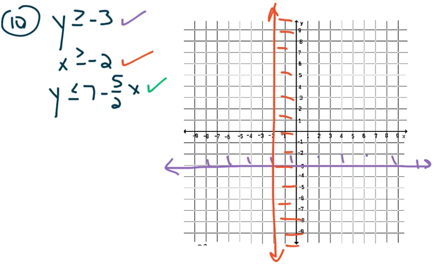The third one, the y-intercept is 7, and the slope is -5/2. So I'm going to go down 5, to the right 2. 1, 2, 3, 4, 5, 1, 2, put a dot. I go 1, 2, 3, 4, 5, 1, 2.